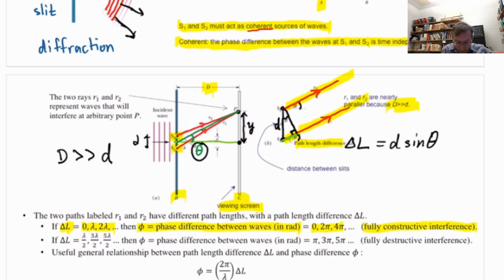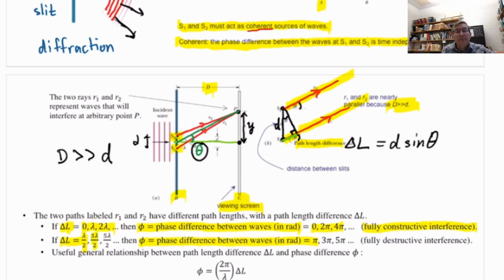Another extreme. What if the path length difference delta L between the waves is 1/2 of a wavelength? Then you will find that the phase difference phi between the waves in radians is pi radians, and they'll be lined up crest to trough. Or what if delta L is 3/2 of lambda?